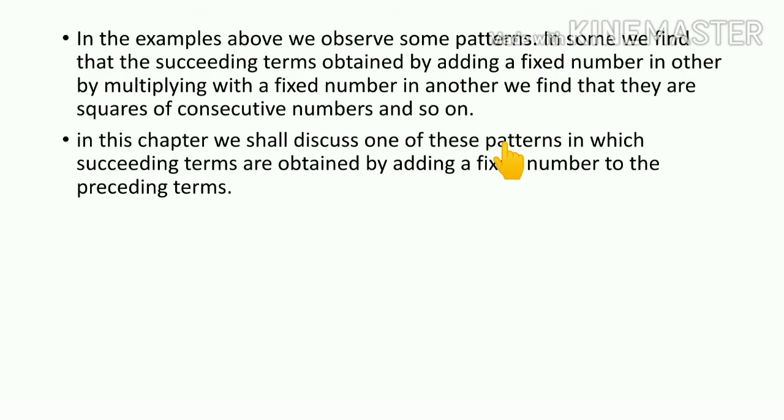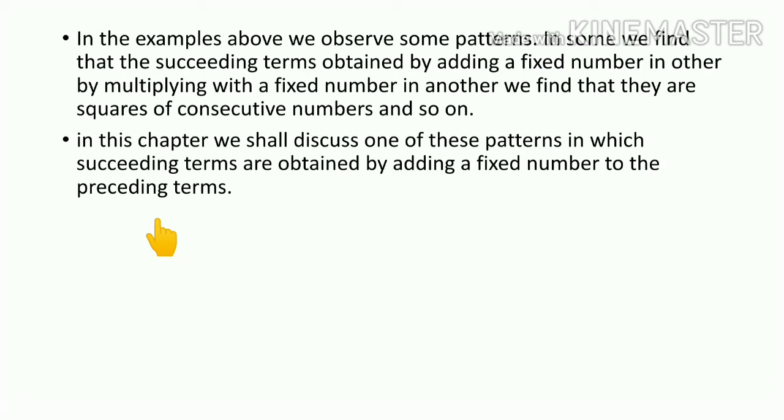And which is that pattern in which the succeeding term, that is the next term, is obtained by adding a fixed number to the preceding term. Like salary 8,000 rupees. In the next year, the salary was 8,500 rupees. And in the succeeding year, it was 8,500 plus 500, that is 9,000 rupees. So as you can see, every year an increment of 500 rupees was added.